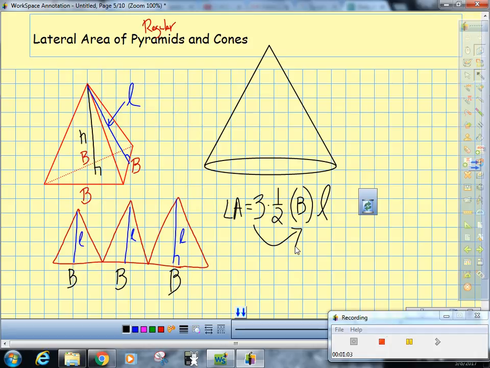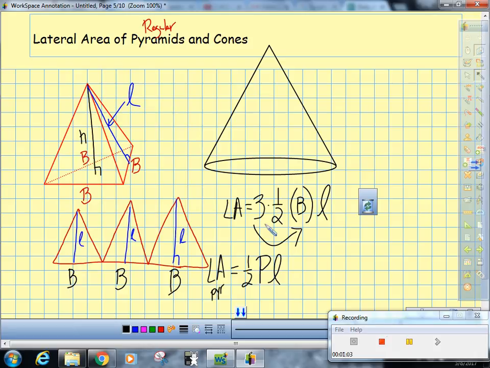That's equal to the perimeter of the base. Do you get that? So that's where they come up with the lateral area of a pyramid is 1/2 perimeter times slant height. If you don't like that, then you can just use this one. It works fine. You don't need to memorize that as long as you know the area of a triangle.